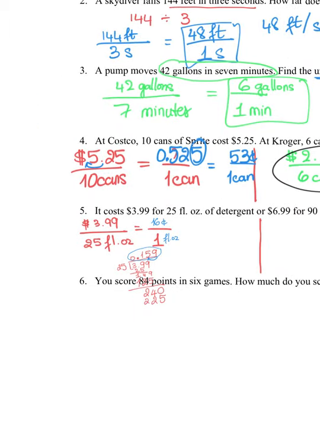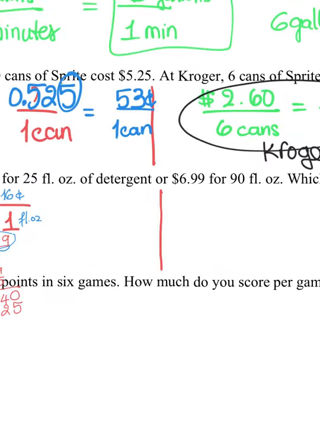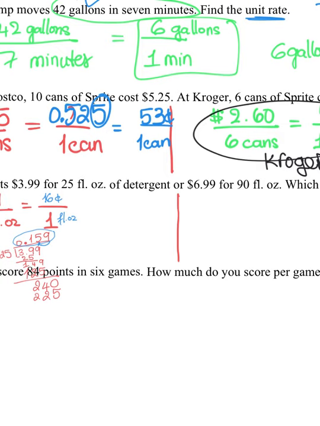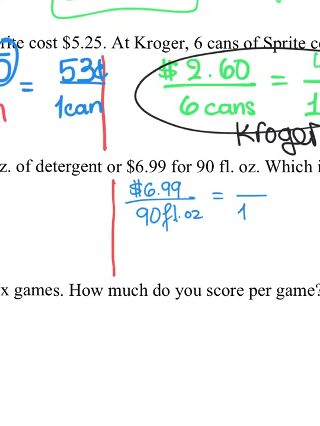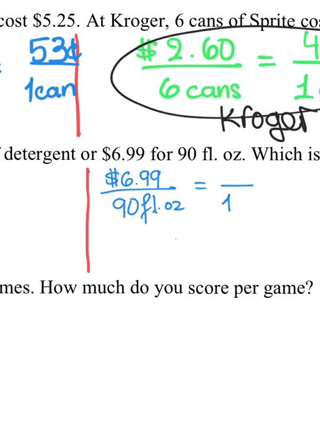Now I'm gonna continue and divide for the other option. $6.99 divided by 90 fluid ounces, looking for how much for 1 fluid ounce. Okay, so I'm gonna zoom it big and divide it. 6.99 divided by 90, straight up the decimal.